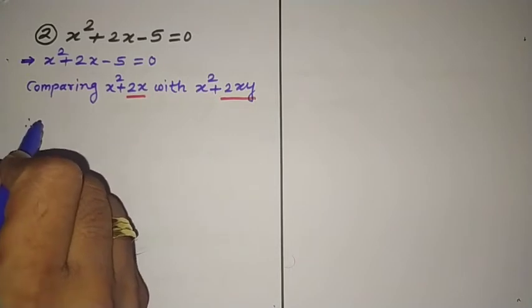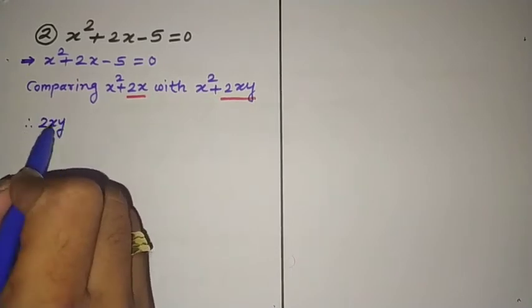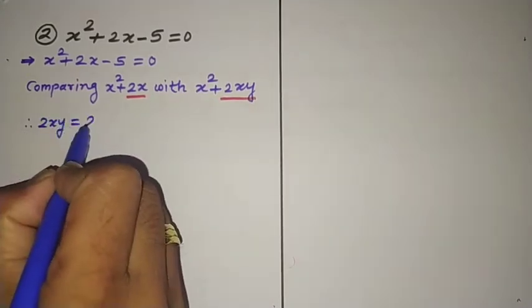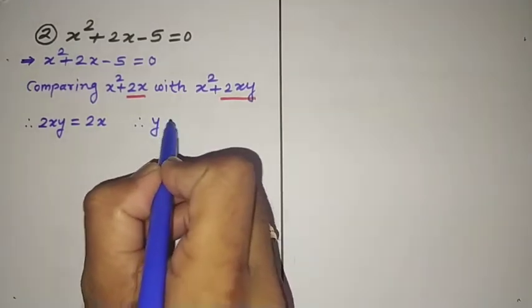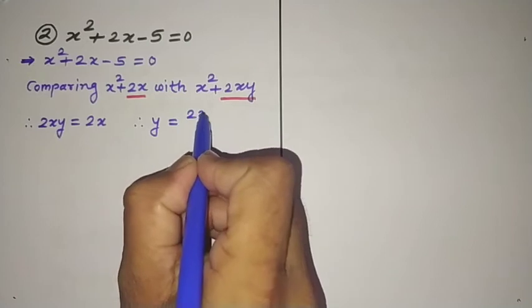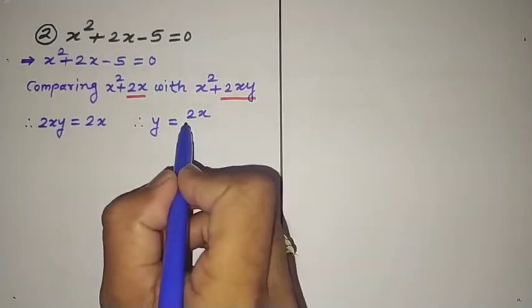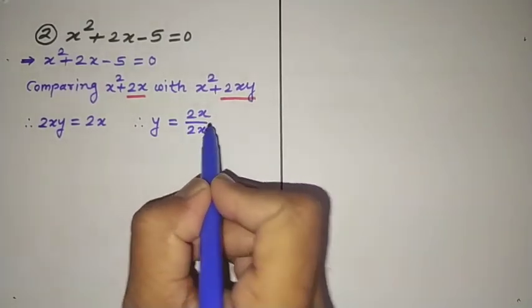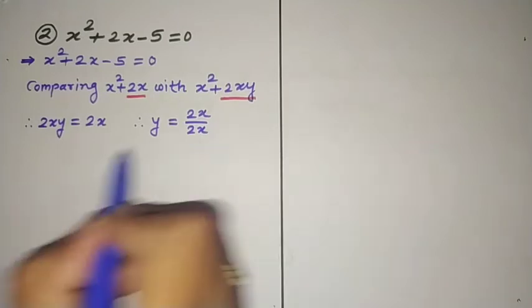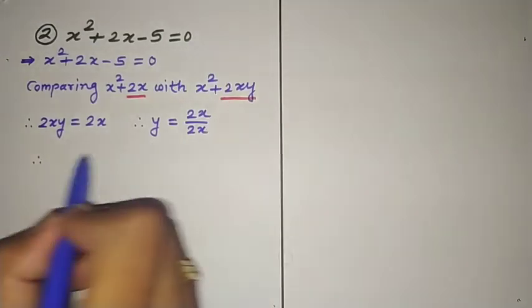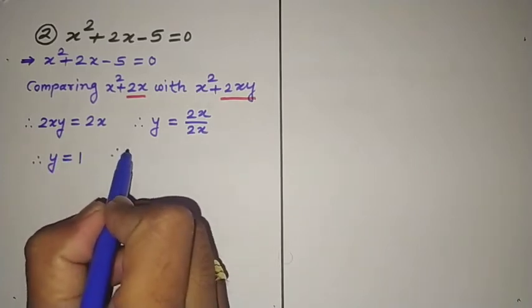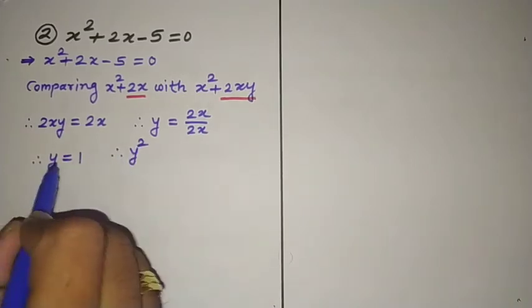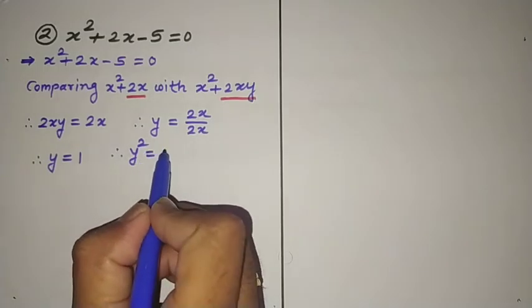Therefore 2xy is equal to 2x. Therefore y is equal to 2x divided by 2x, as 2x goes to the right hand side. 2x cancelling, y is equal to 1, and therefore y square is equal to the square of 1, which is 1.